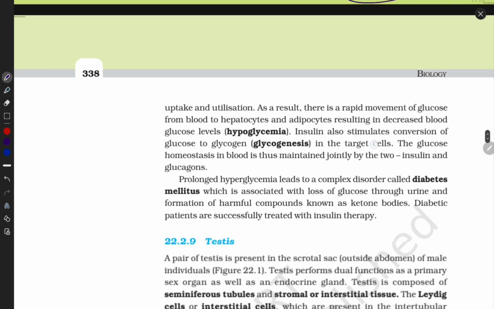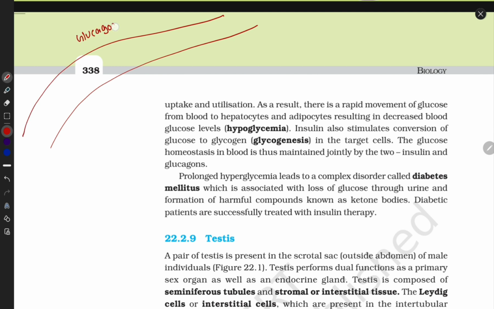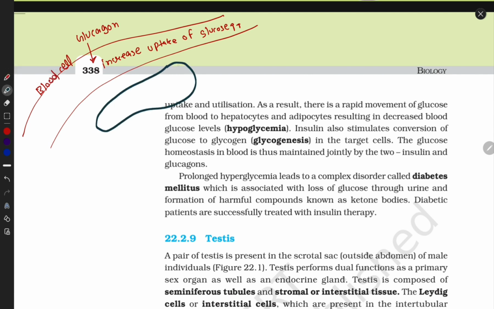uptake of glucose in cell. Look at here. This is the blood vessels. What will glucagon do? Glucagon increases glucose, means glucose is high in blood. And now these are the cells. And what will glucagon do?